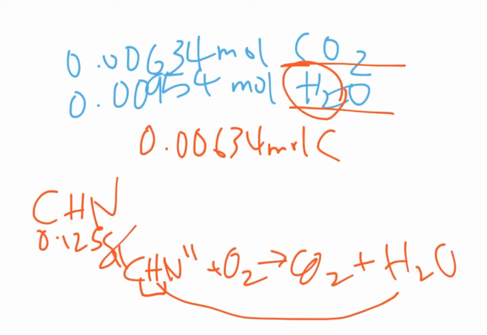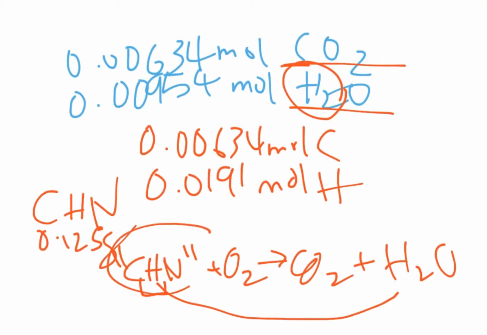So we just have to multiply 0.00954 by 2. So let me do that. By 2, we get 0.0191 moles of hydrogen. So we found the moles of carbon and the moles of hydrogen, all of which once belonged to this. We have to rely on what we absolutely know.